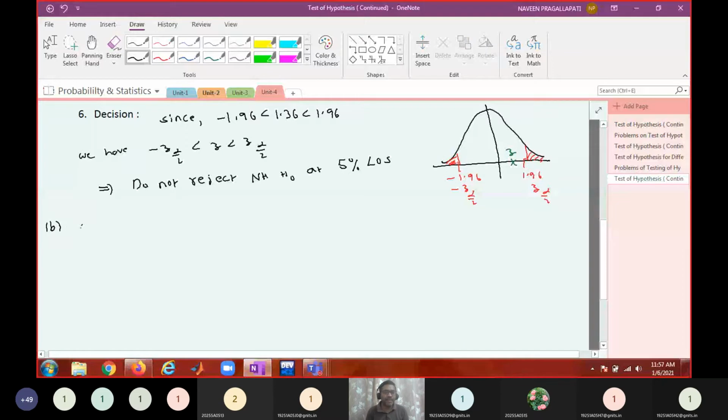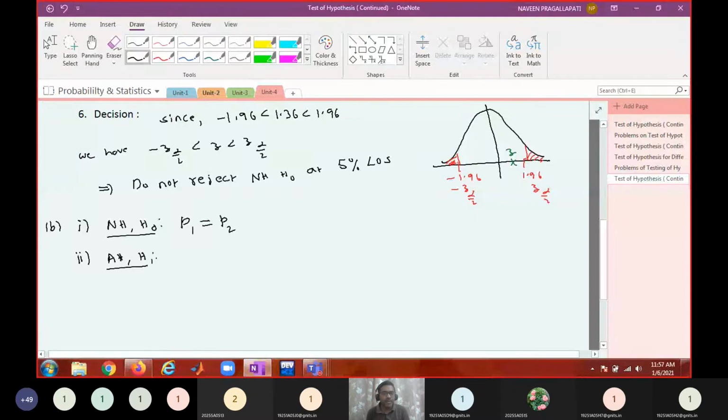So how do you write the test hypothesis? Null hypothesis H naught: we will assume that there is no significant difference, against the alternate hypothesis, because we are observing that the sample proportion of B is better than the proportion of A, which we believe and would like to prove.